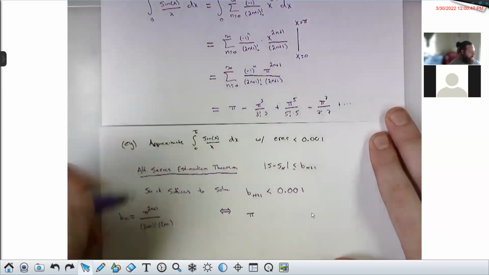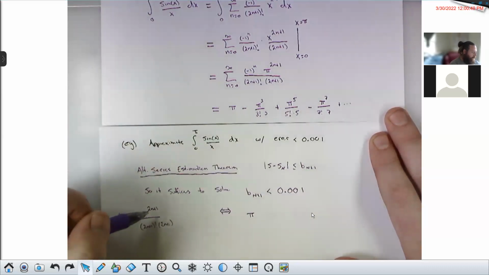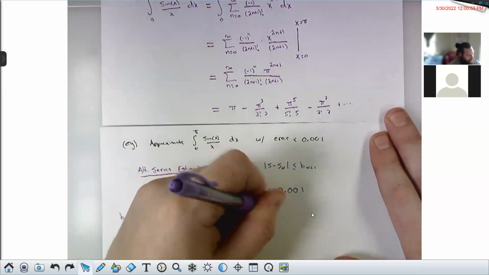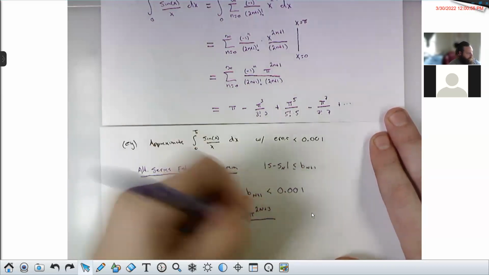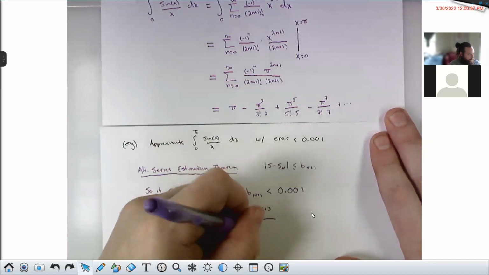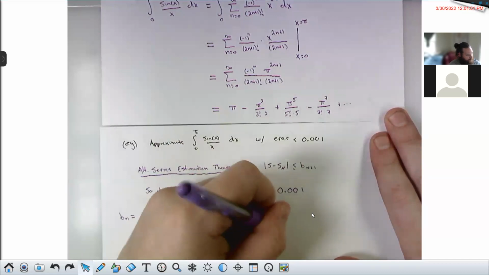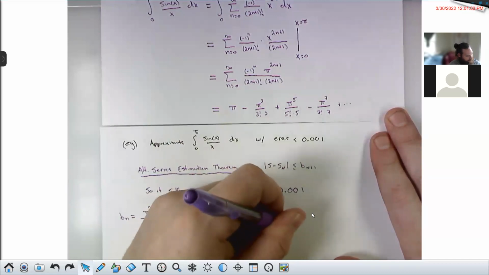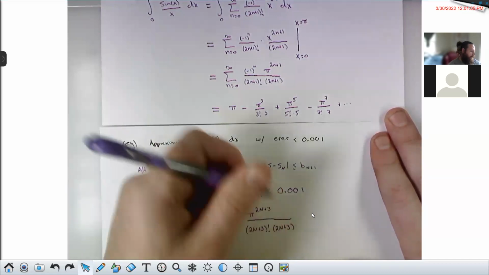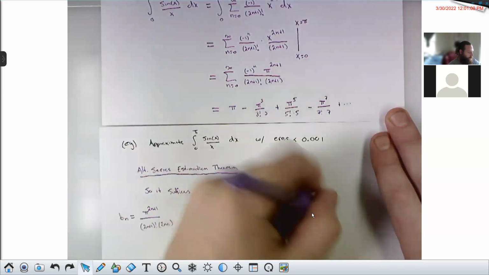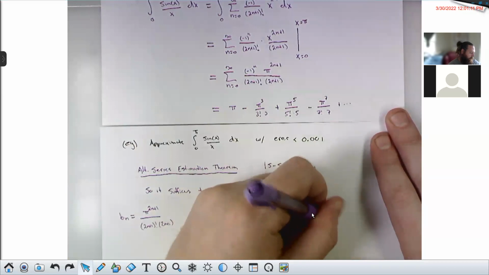That's pi to the 2N plus 3 divided by 2N plus 3 factorial times 2N plus 3. And I need this to be less than 0.001, which is 1 over 1,000.